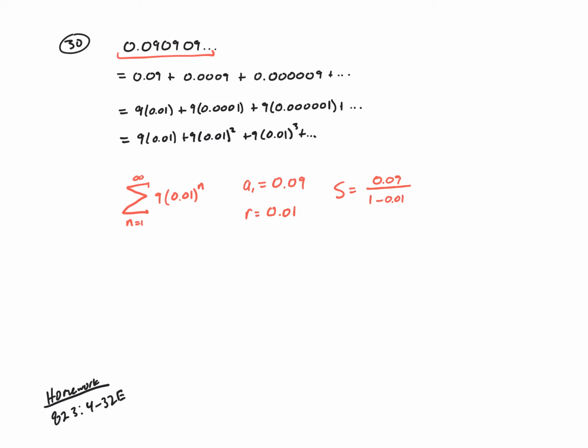It's going to be the same thing as 0.09 over 0.99. Multiply top and bottom by 100. That gives me 9 over 99. Divide top and bottom by 9, or reduce that. That gives me 1 over 11.